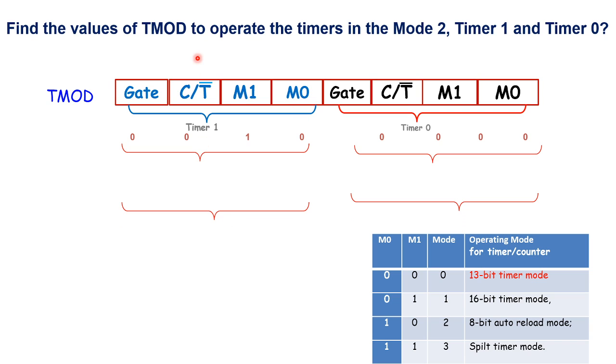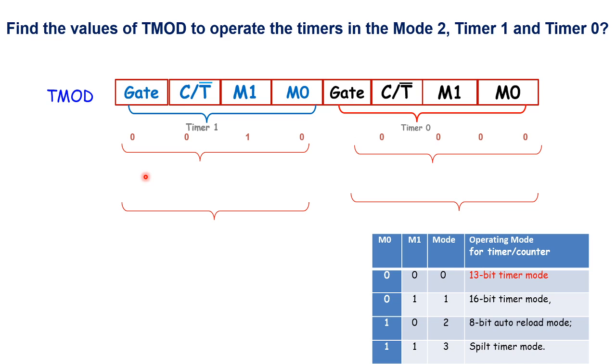So for mode 2 timer 1, all bits are like this: GATE should be 0, C/T bar should be 0 for timer, and for mode 2, M1 M0 will be 1 0, 8-bit auto reload mode. So this is 1 0, others are 0 0.